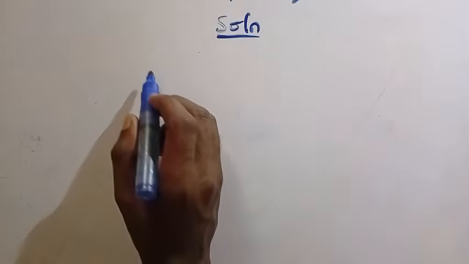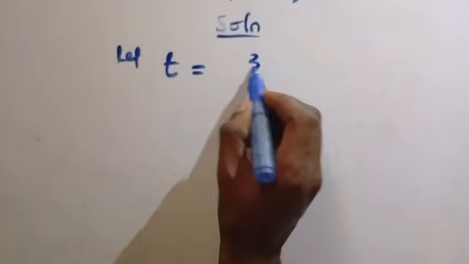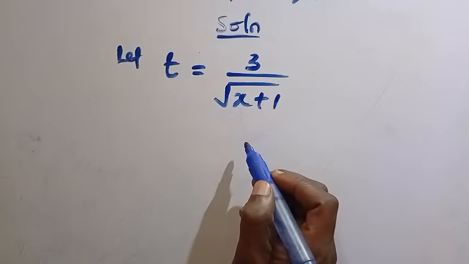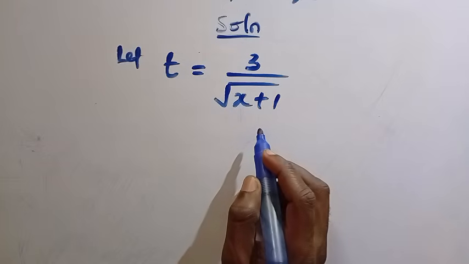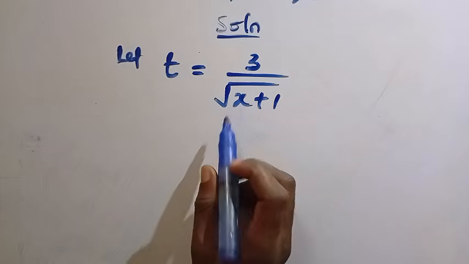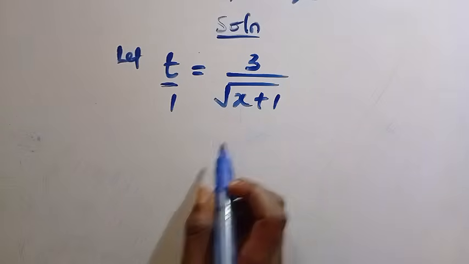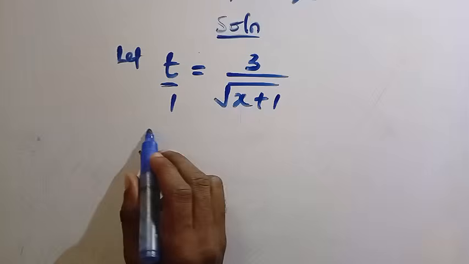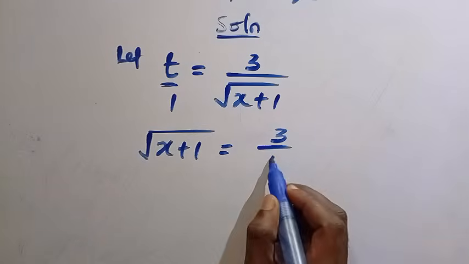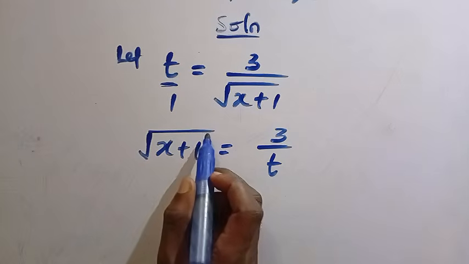Then, if I let t equal 3 divided by the square root of x plus 1, I'm going to use the substitution method to solve this. If t equals this, then I want to make x the subject of the formula. So I cross multiply, which gives us the square root of x plus 1 equals 3 divided by t. The next is, we need x, but this is a root.